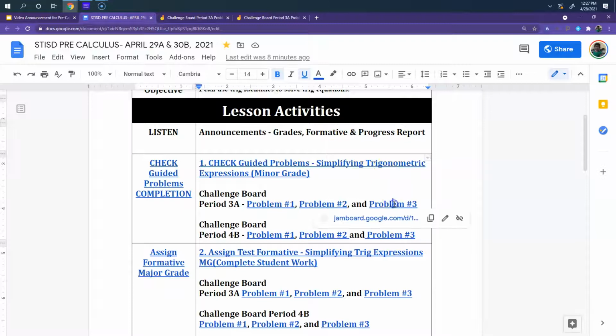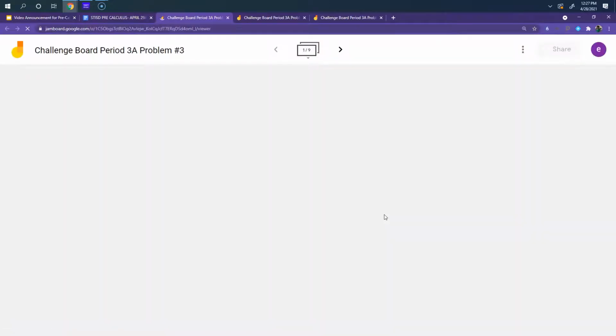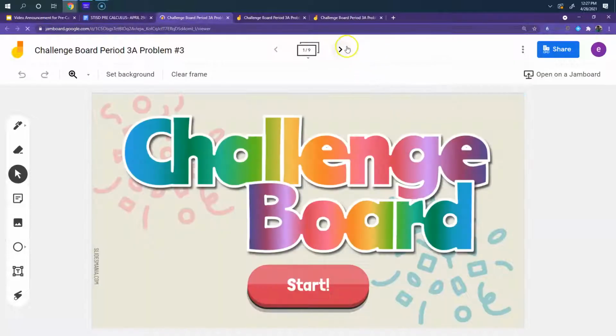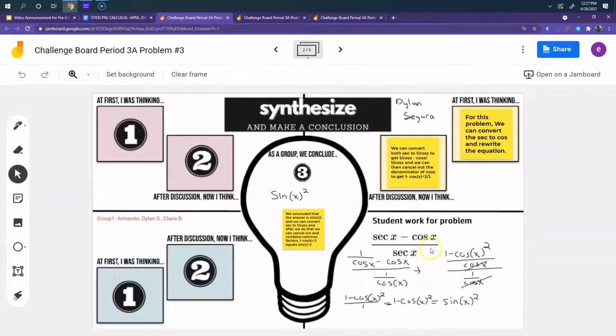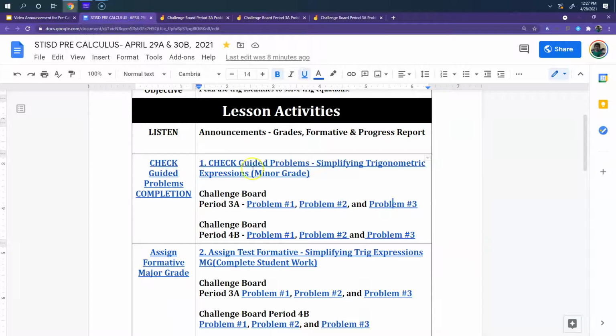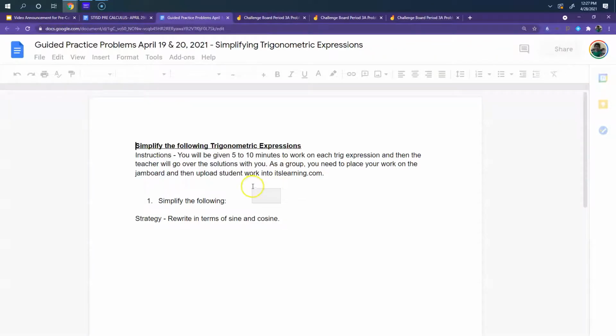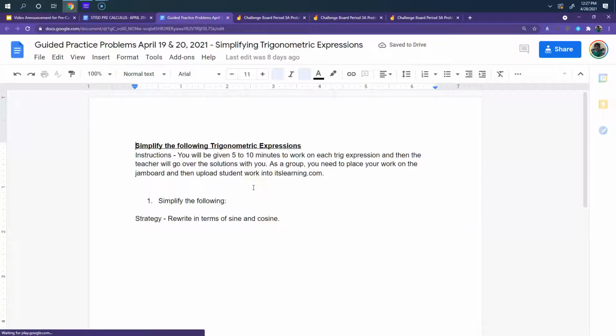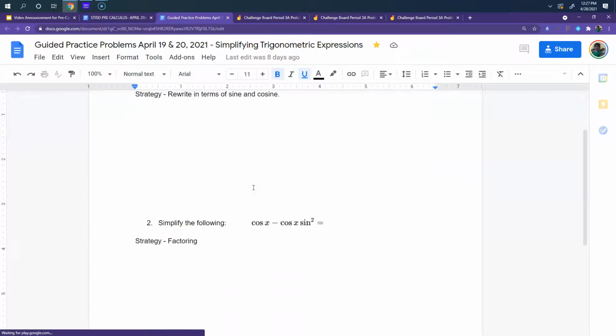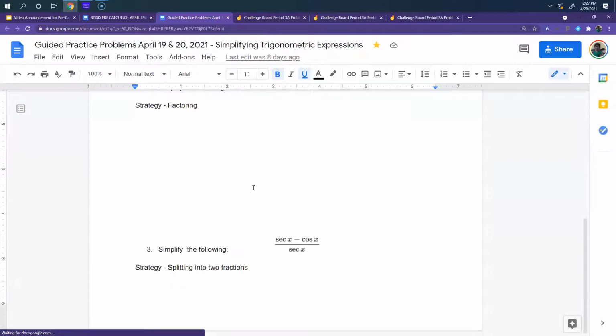And then problem 3. You had to simplify this expression, and the problem was given to you right here. These were the guided problems. And I think I put the grade already in the grade book, but you want to double check. So these were the 3 problems.